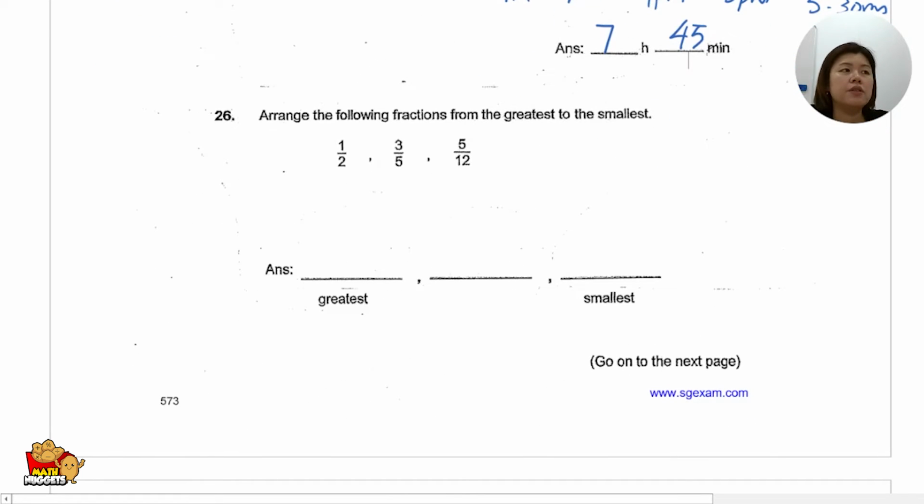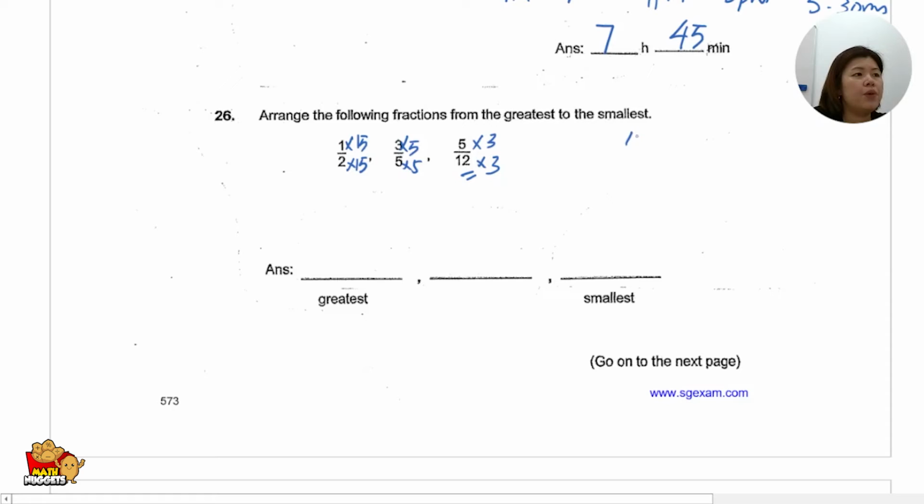To arrange fractions from greatest to smallest, please remember that your denominator must be the same, or your numerator. In this case, I will go for my numerator because this 12 is a bit too big. So 1, 3, and 5 is similar. 1 is 15, so I times 3, times 5, times 15.